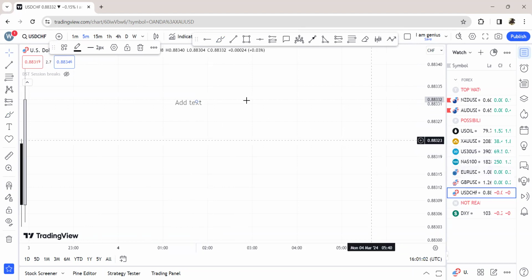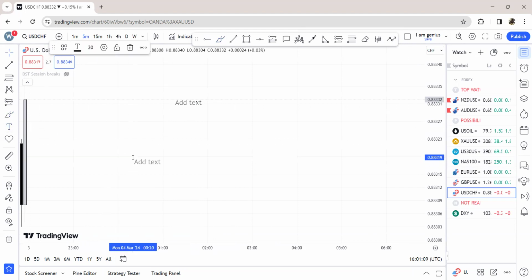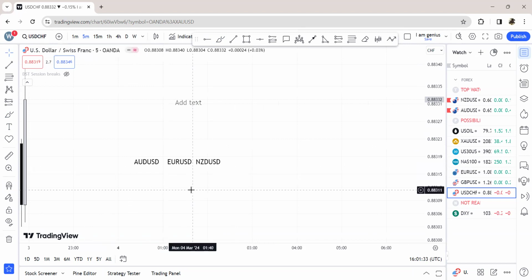So I'm talking about currencies like EUR/USD. Australian dollar with the US dollar. We're talking about EUR/USD. We're talking about NZD, New Zealand dollar against the US dollar. An example of this.